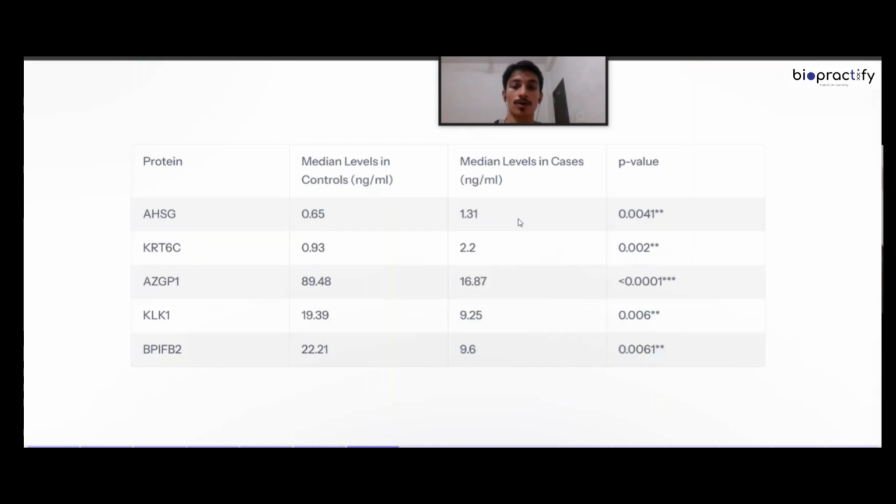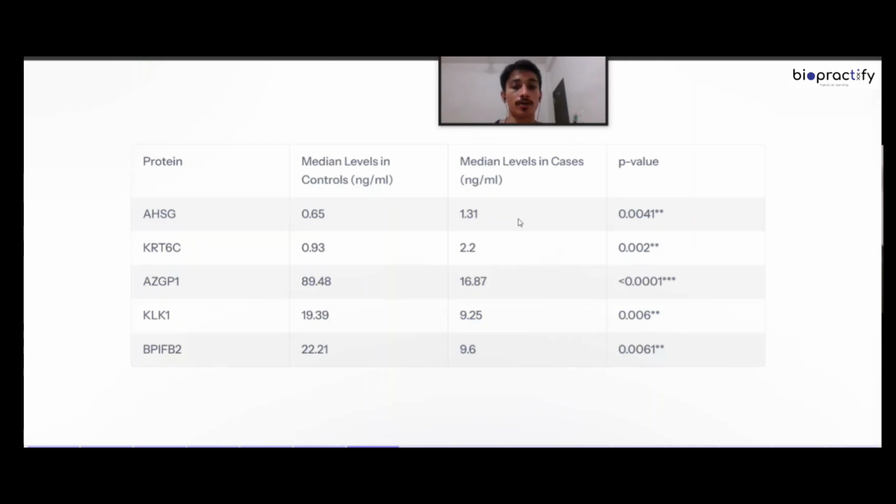In the downregulated ones, AZGP1 had median levels in the controls group of 89.48 nanogram per ml, KLK1 19.39, and BPIFB2 at 22.21 nanogram per ml respectively.